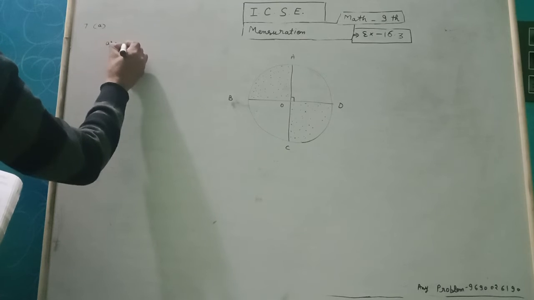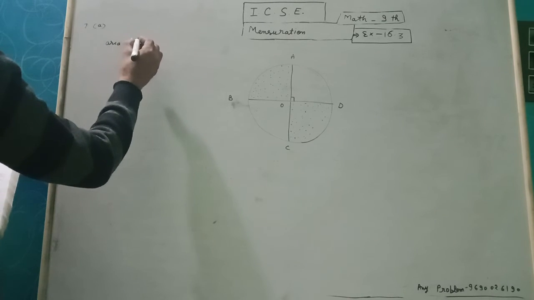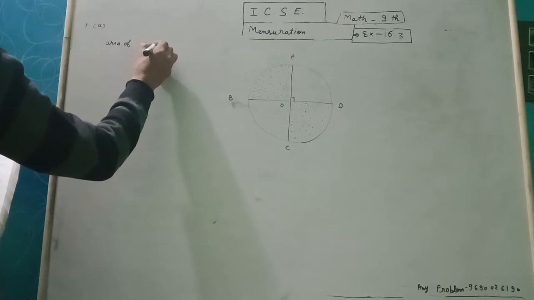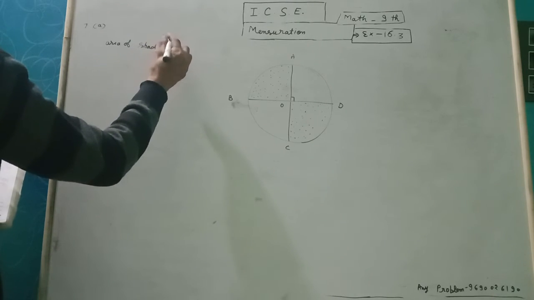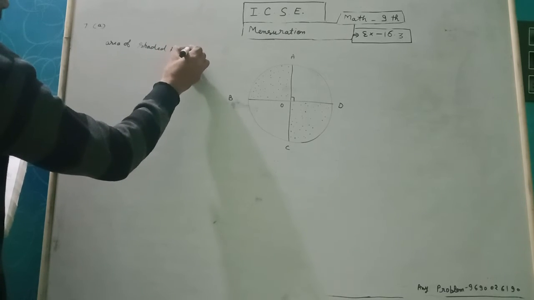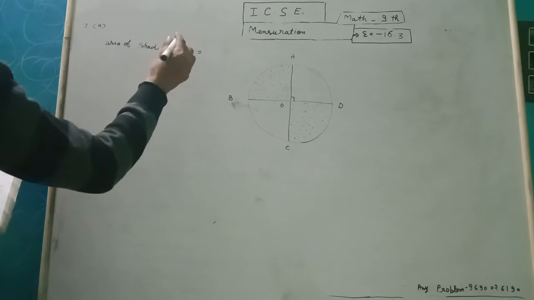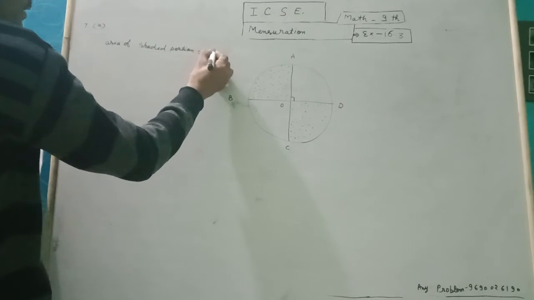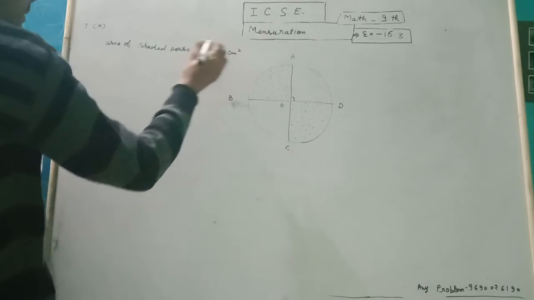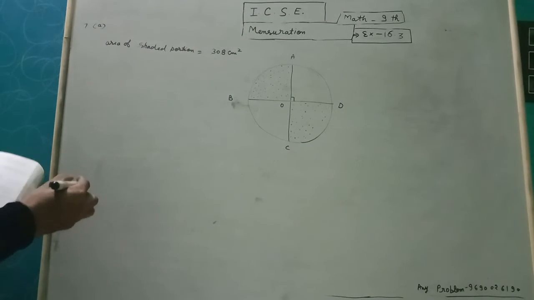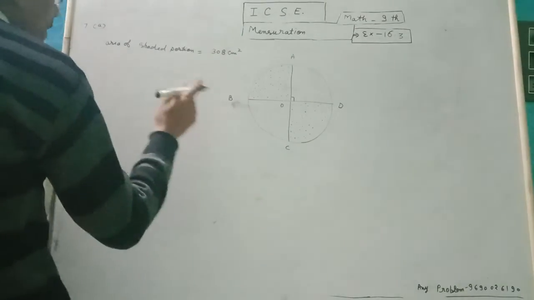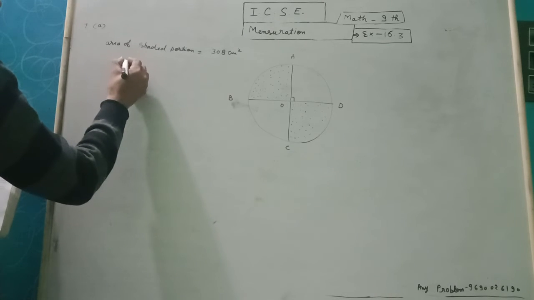Area of shaded region is equal to 308 cm square. Shaded part is 4 parts, 2 parts is called semicircle.